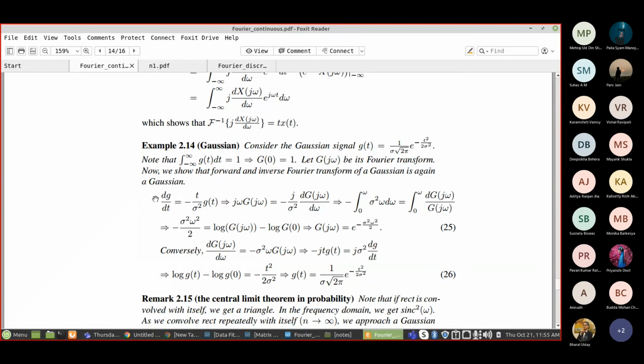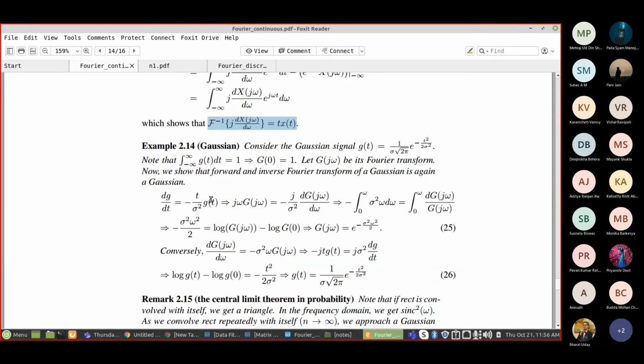Now, when you apply d/dt in time domain, in frequency domain you have a j omega factor, from the differentiation in time domain property. This j omega term comes from this, and this term comes from this. From here you see that multiplication in time domain is differentiation in frequency domain with this j factor.